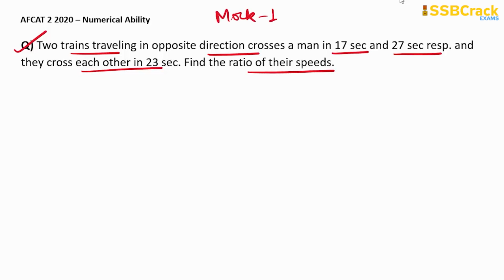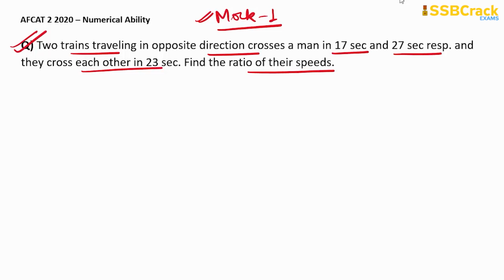We launched the mock test series for AFCAT before your AFCAT 2020 examination, and that mock 1 was free for everybody. In that mock, we mentioned this same question with some different numericals, and if you have attempted that mock, you would be able to solve this question very easily. Now I'll tell you how you should approach this question.